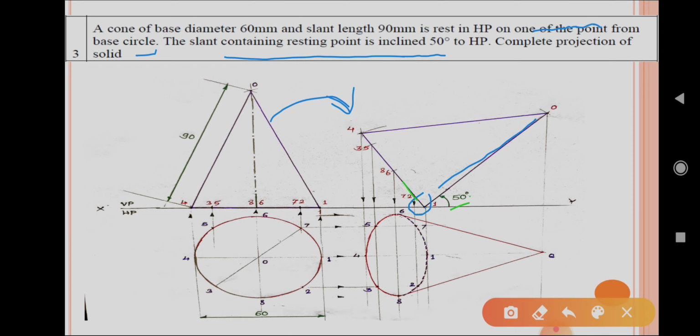Then for the remaining points, 1 to 4, first we can mark points 1 to 4, then O to 4: take the distance from O to 4, then mark O to 4 and connect all the points.